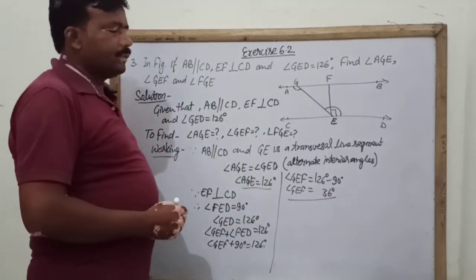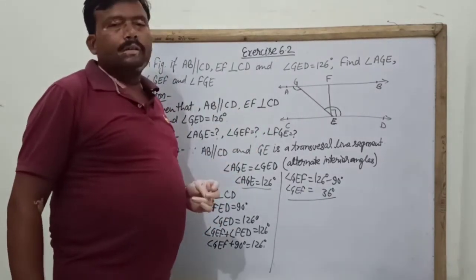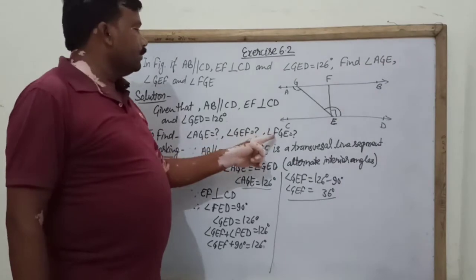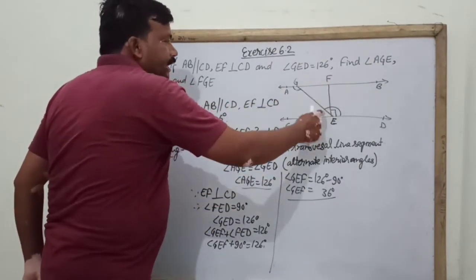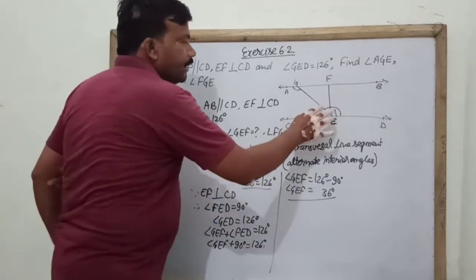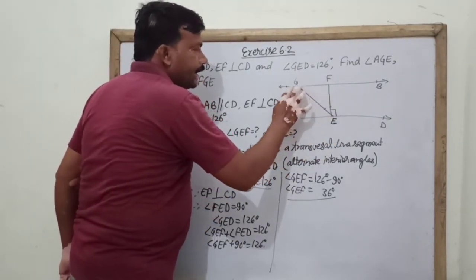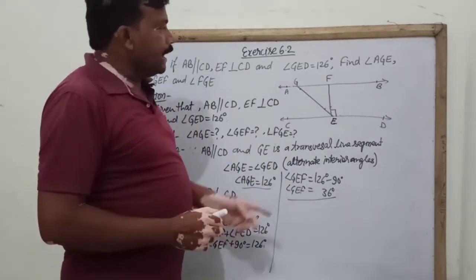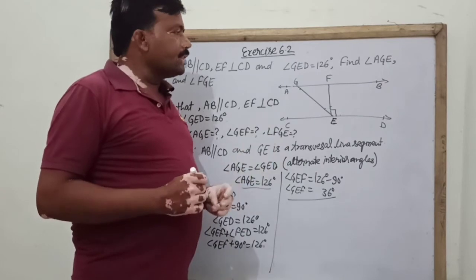First answer was this. Now we have to find the last value, angle FGE. By erasing this, we can see that FE is also a transversal.